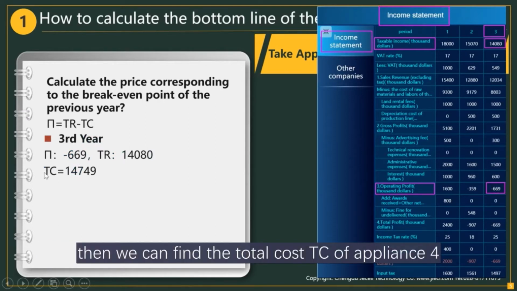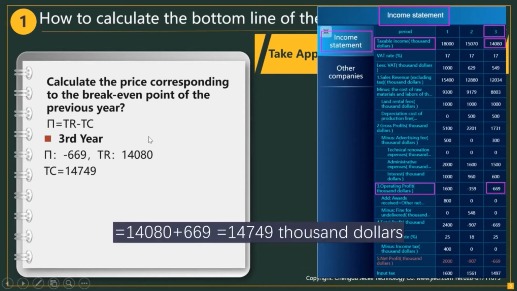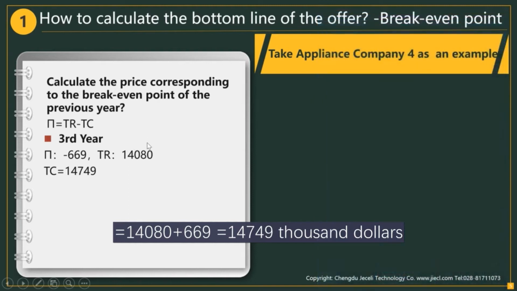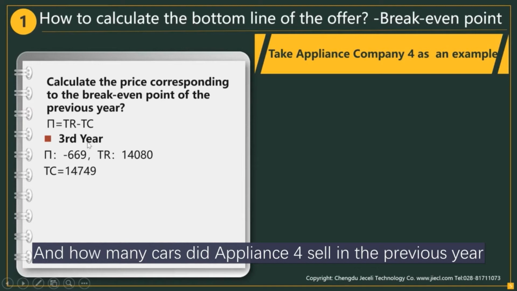Then we can find the total cost, TC, of Appliance 4 in the previous year. TC is equal to TIA minus operating profit, which is $14,080 plus $669, equal to $14,749,000.